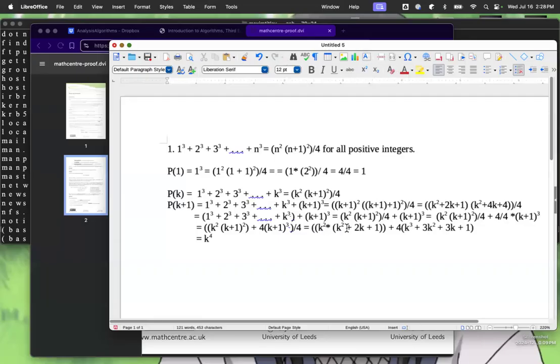So I have k to the fourth plus 2k cubed plus k squared.